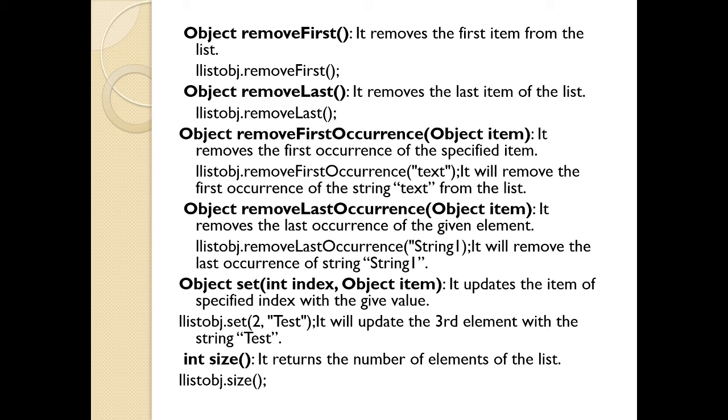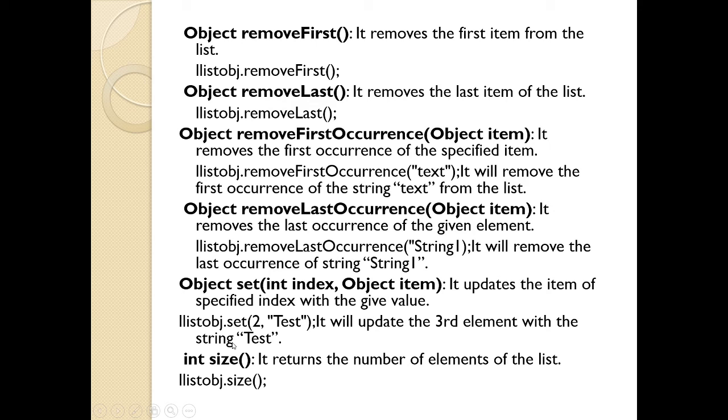Now we have seen that I can even modify or update the contents of my linked list. For that we use the method called set. So set will change the contents of the element. When you apply the method set, you need to pass the index number you want to modify, and the new value which you want to update at that index number.